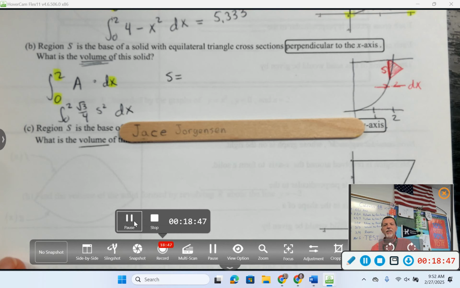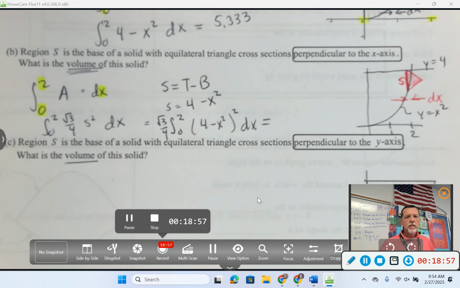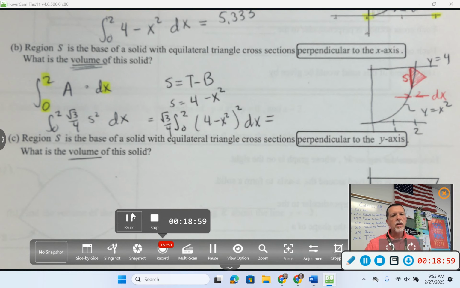Like, how am I going to figure out how long s is? So even that's right now down to just put it in the calculator.